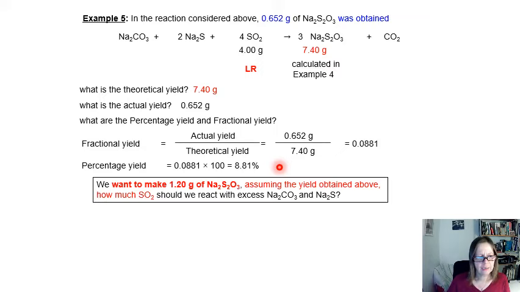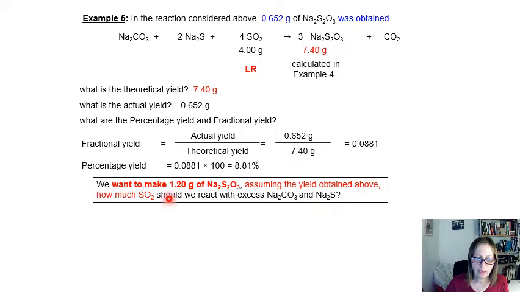So now the question is, how do we go about making 1.2 grams of sodium thiosulfate, assuming the yield obtained here of 8.81%?